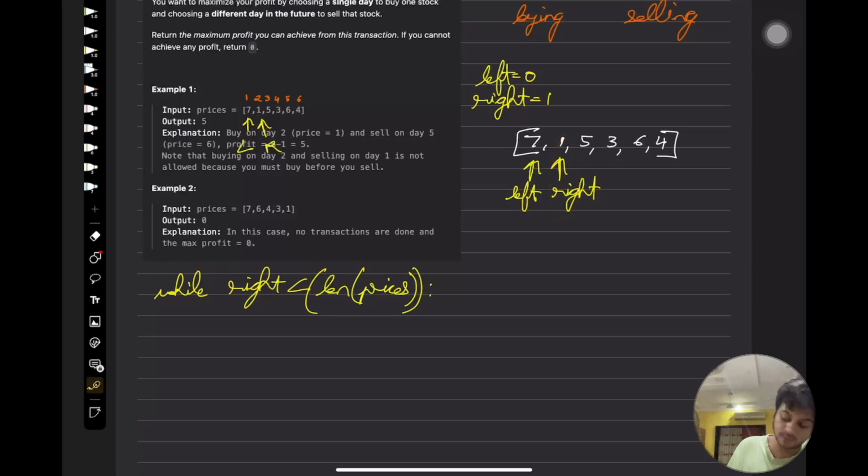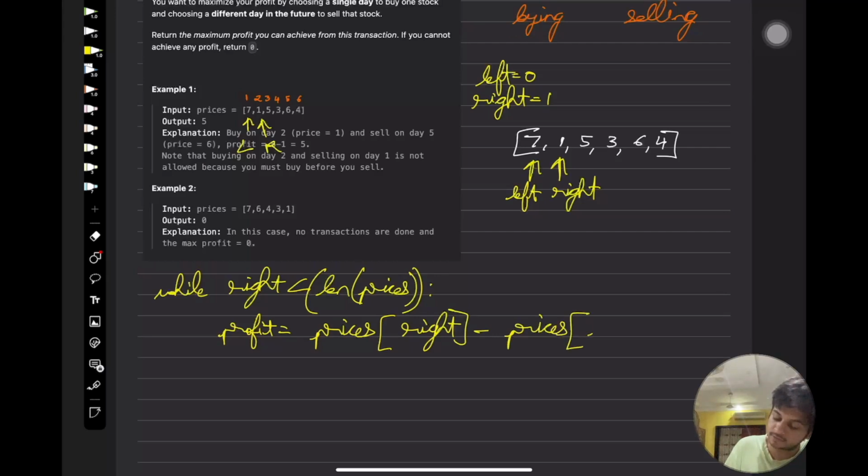So in that case, profit is equal to prices of right minus prices of left. So this is when there is a profit.